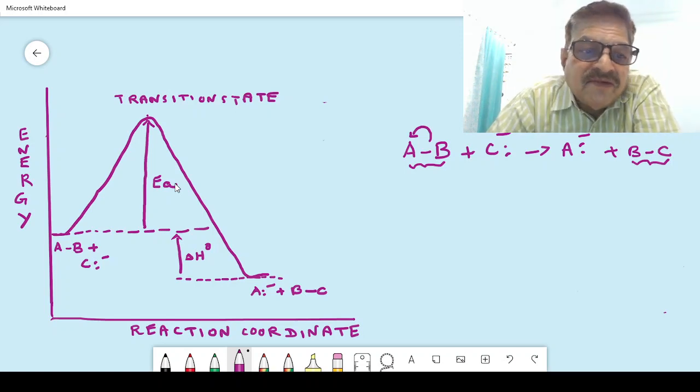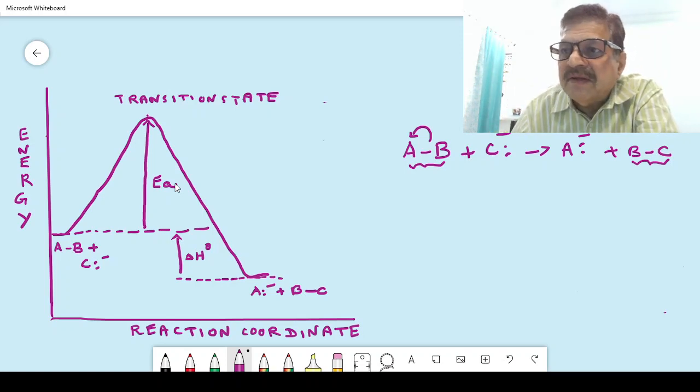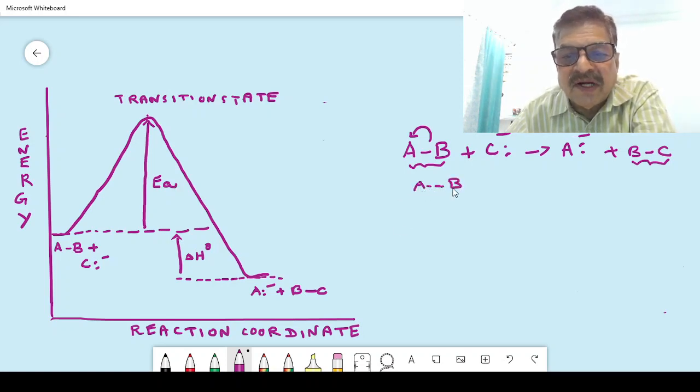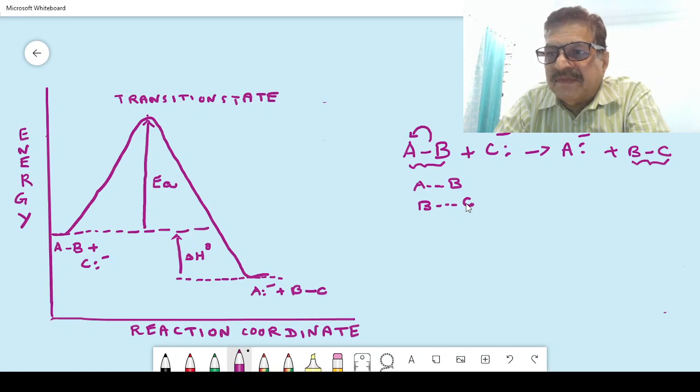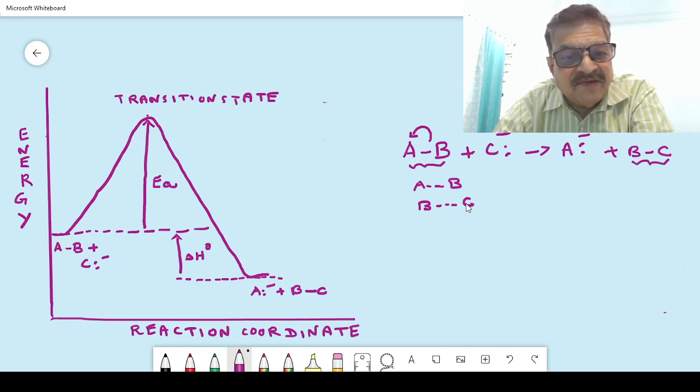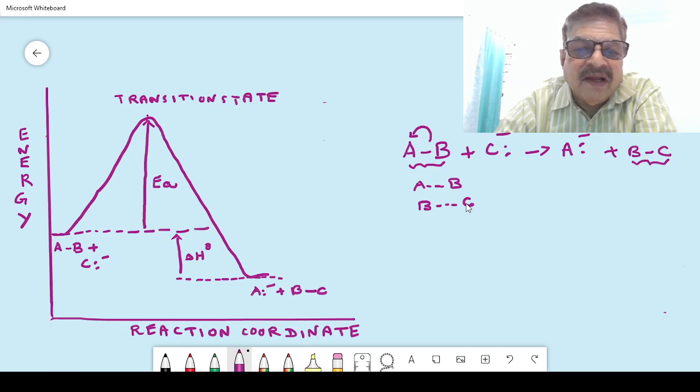Now in the transition state, what will happen? In either case, this AB bond can be partially broken, and the BC bond can be partially formed. These are the two options here at the transition state. Now there is a confusion. What is to be done? Either the product BC is to be formed, or the reaction should proceed in the reverse direction.